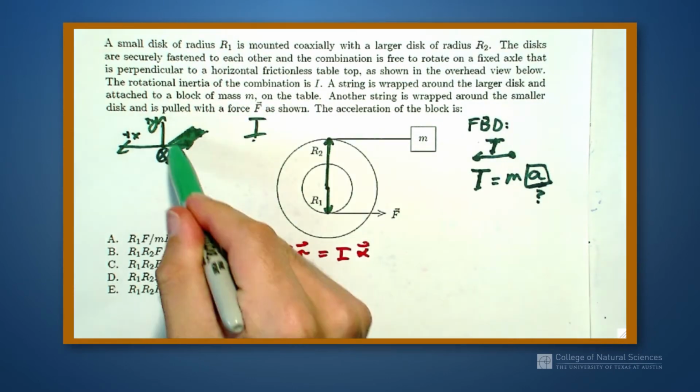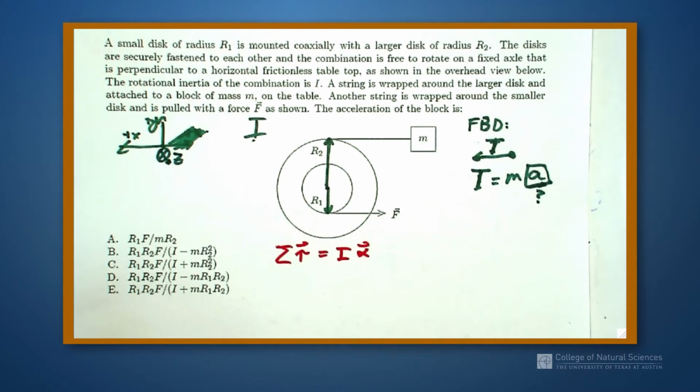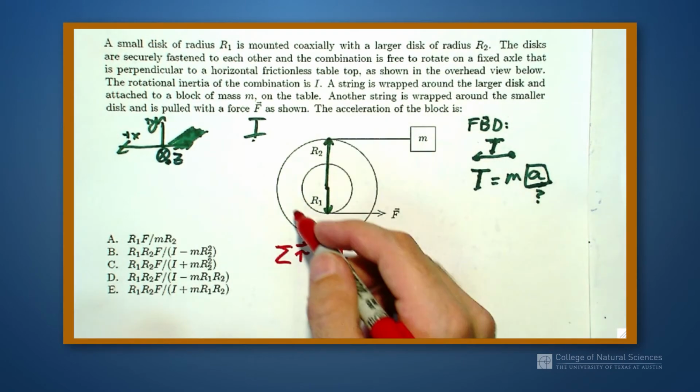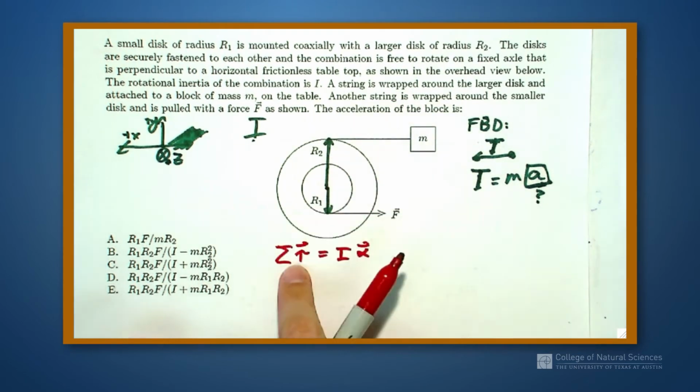A little circle with an x is my designation for into the page. Now I'm going to look at Newton's second law for rotation: what are my torques and how do I get my angular acceleration?